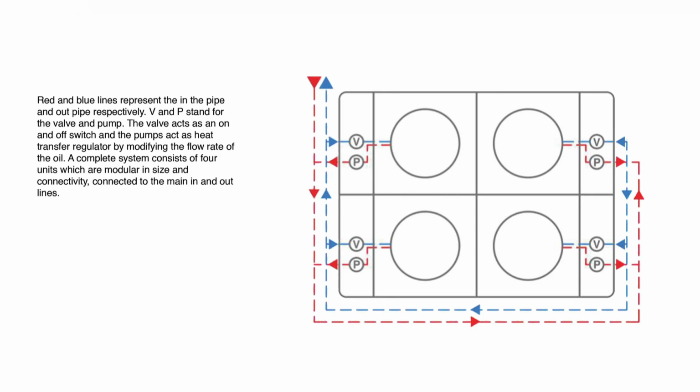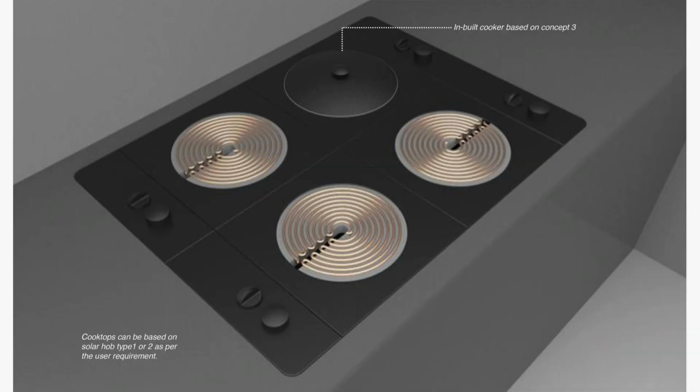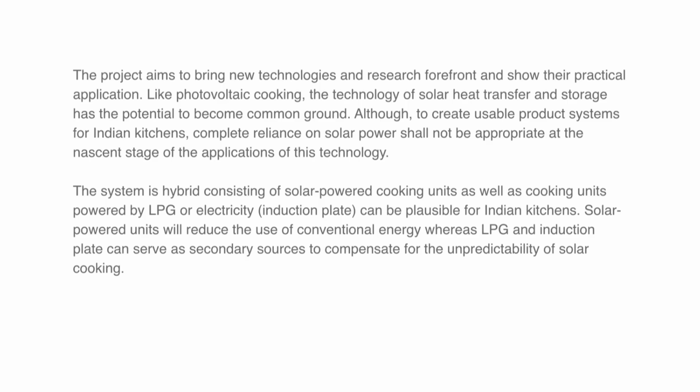This system architecture can be used in a varied number of options, like your own modular cooktop. Maybe you want one hob or two hobs, or a rice cooker integrated. After these ideations and concept arrivals, after this architecture was done, it was realized that the technology is still at its nascent stage, so it might not be 100% reliable.